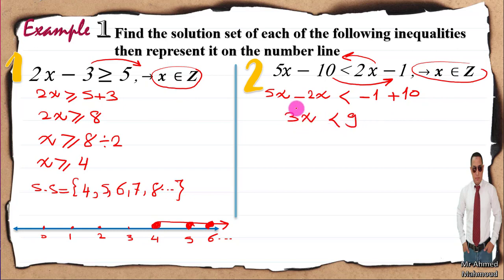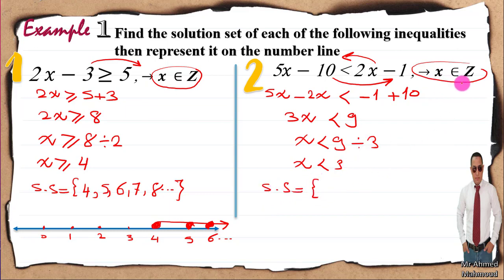And now I'm going to send 3 to the right side, so x less than 9 divided by 3, so x less than 3.